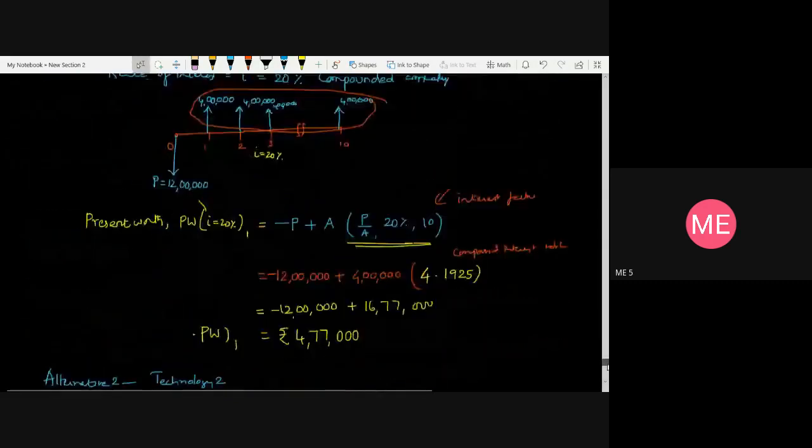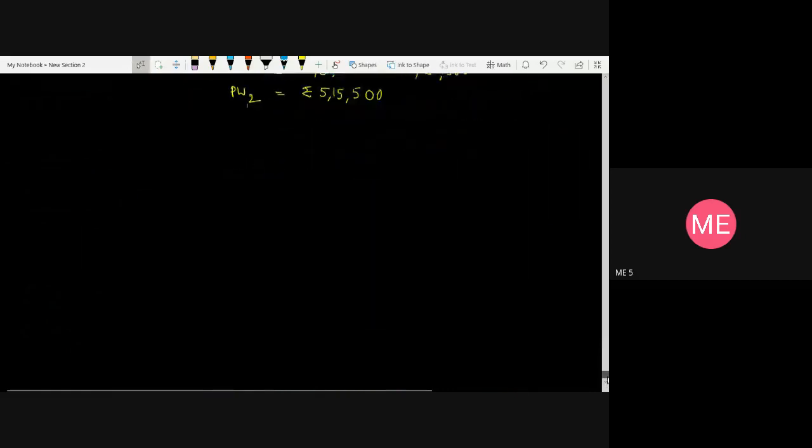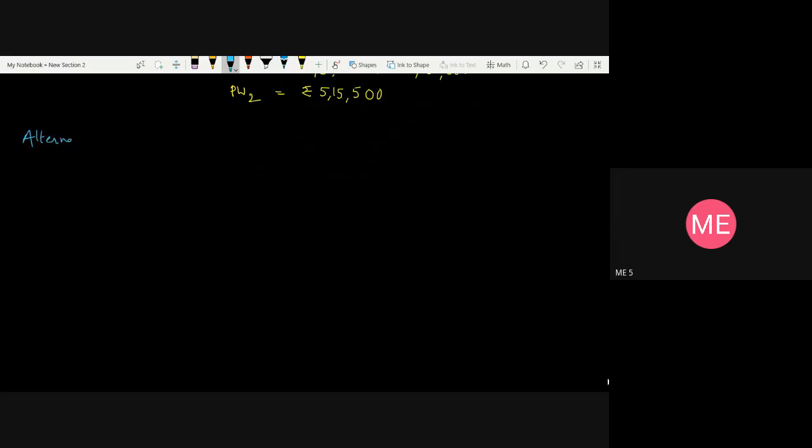So based on that, once again I'll go for writing the alternative 3. For all the alternatives, the calculation is similar, and the procedure is also similar.